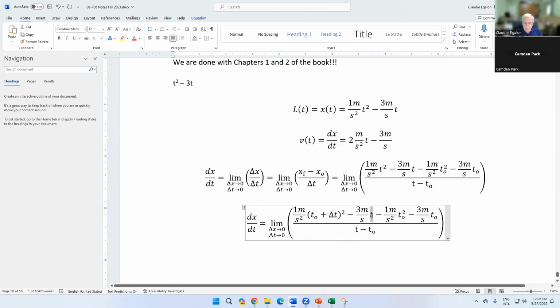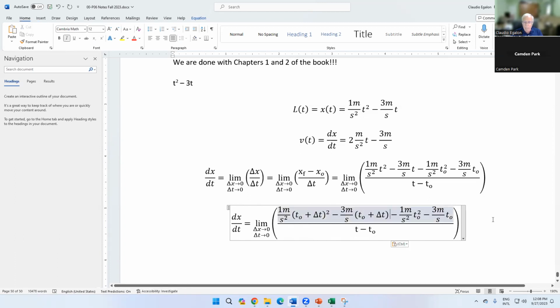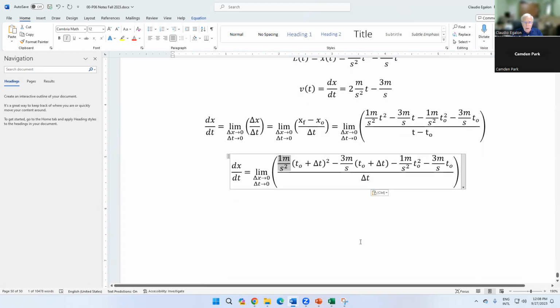Yeah, but do I have to multiply by 1 meter over second square or? Yeah. Oh, okay. Yeah, you have to multiply. Okay, so do you have anything else? Okay, now we are going to expand that.